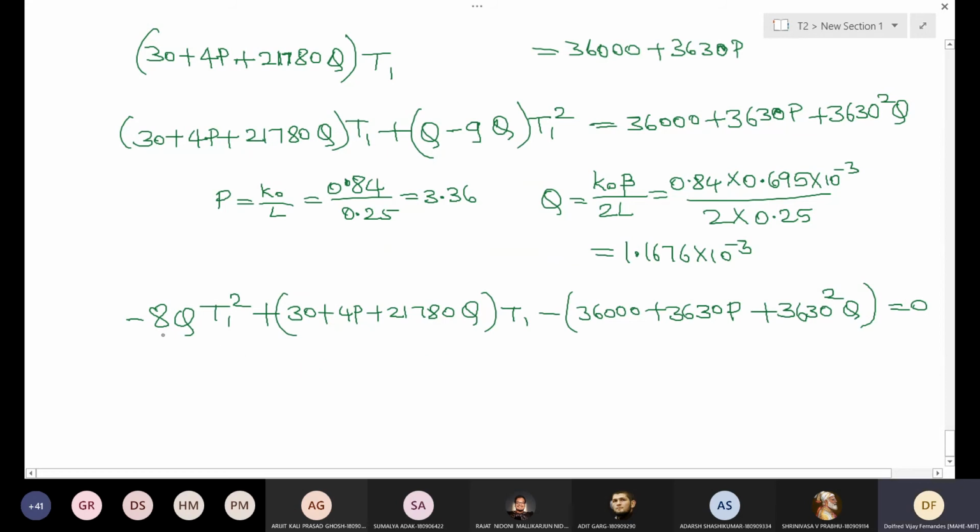Tell me what is 8 minus 8Q equal to? Minus 0.013. Is it minus? Oh no. 8 into 1.1676, that is 9.34 into 10 to the power minus 3.